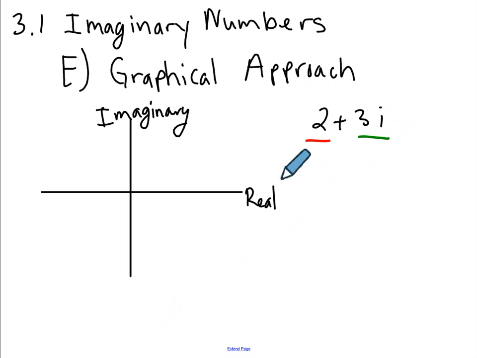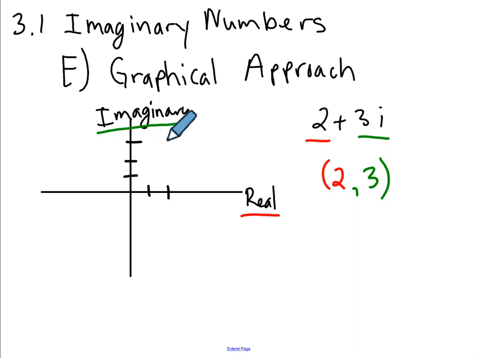In order to plot this, we're going to plot the real number as the x coordinate, and then we're going to plot the imaginary coefficient as the y number. So 1, 2, 1, 2, 3. This is the point that represents 2 plus 3i.